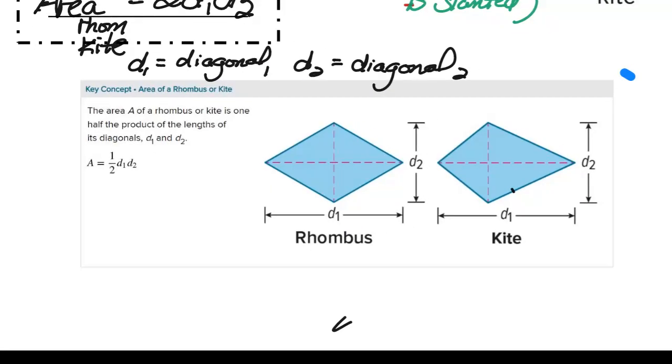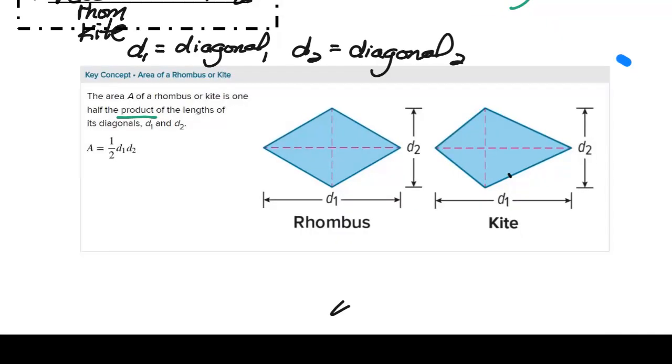So it says here at the bottom, the area A of a rhombus or kite is 1/2 the product. What does product imply again? What operation? Multiplication, yes, of the lengths of the diagonals. Sometimes they will give you the length as the total.